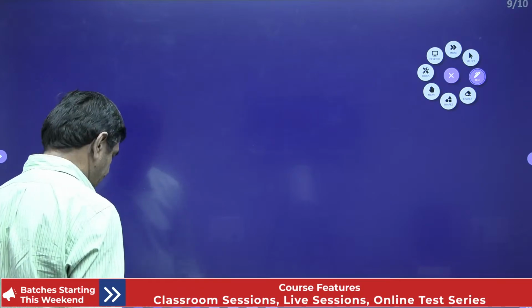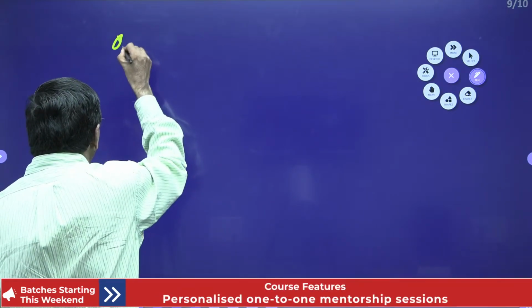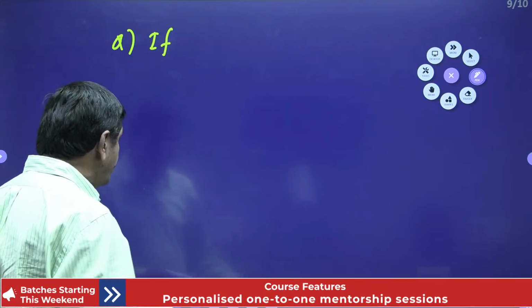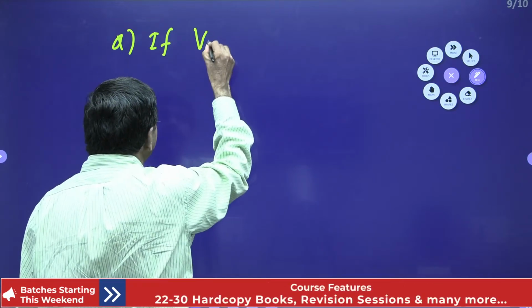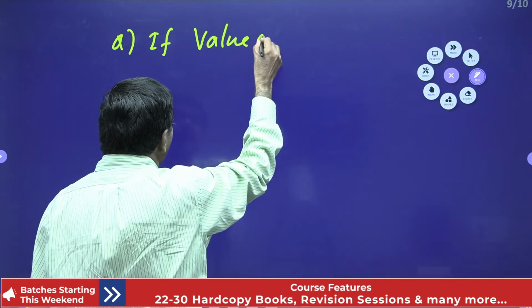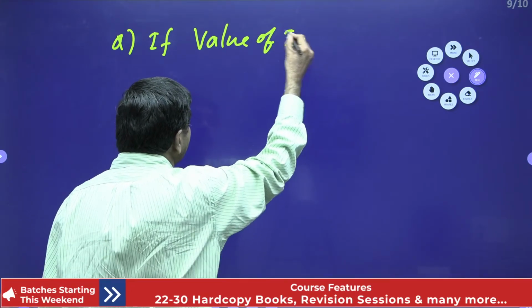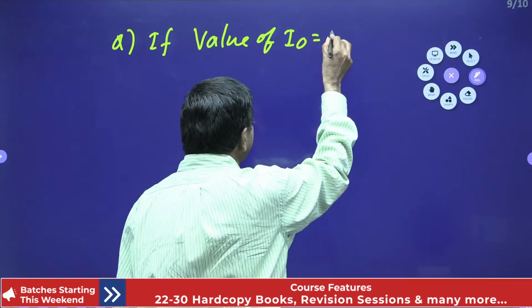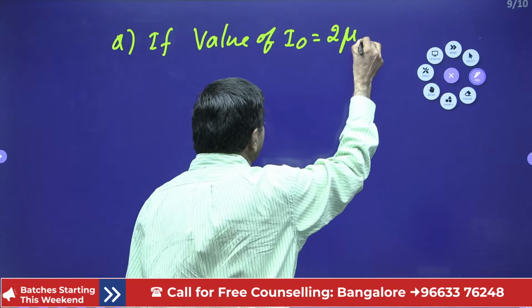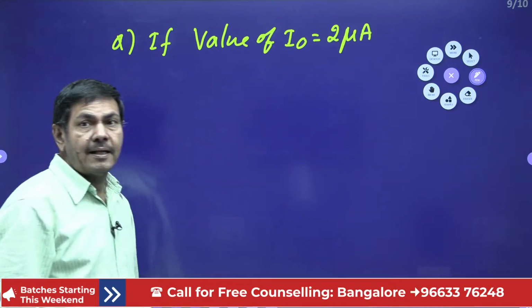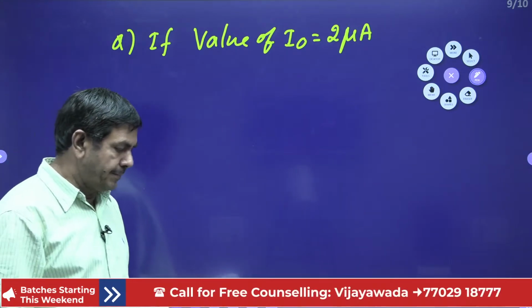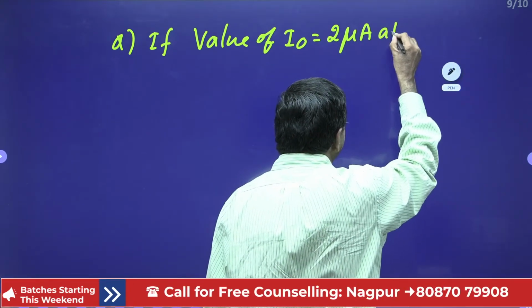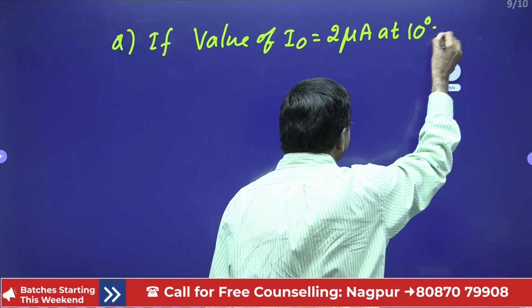The question: the value of I naught equals 2 microamperes at 10 degrees centigrade.